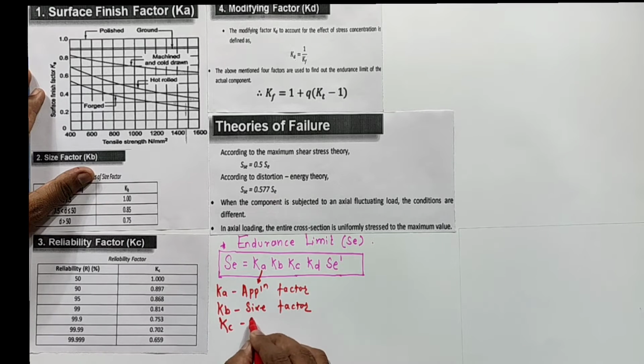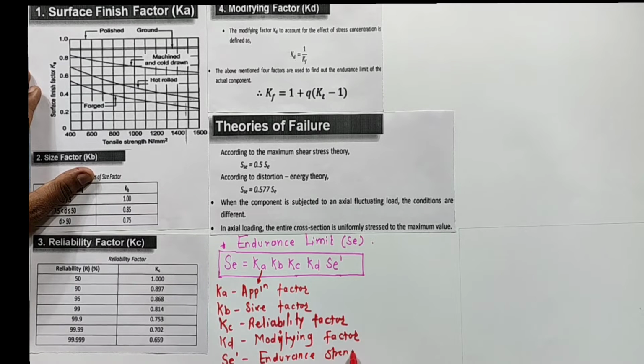KC, reliability factor. KD, modifying factor. And SE dash, endurance strength. Clear? So these are the things for calculating the endurance limit.